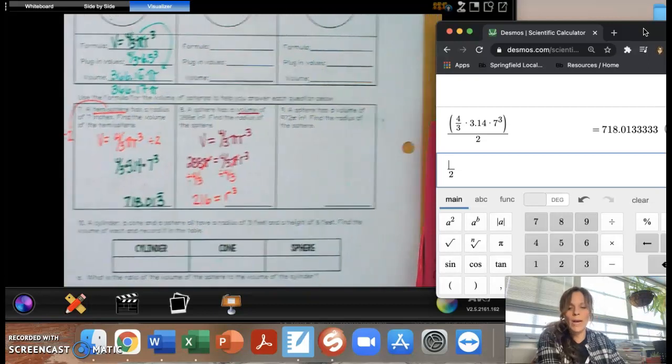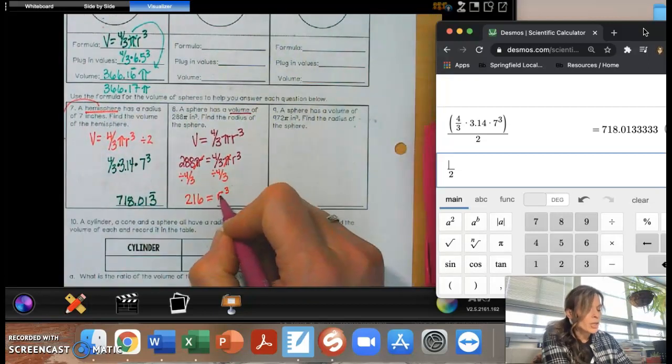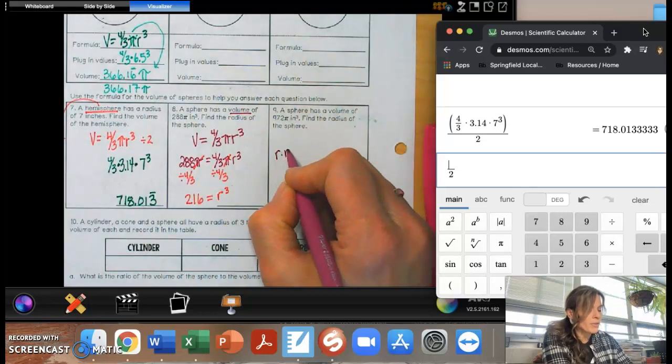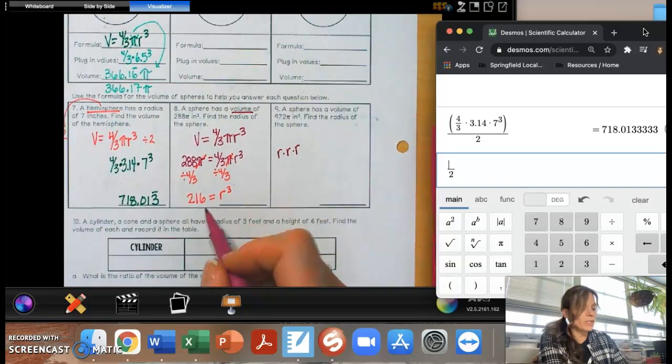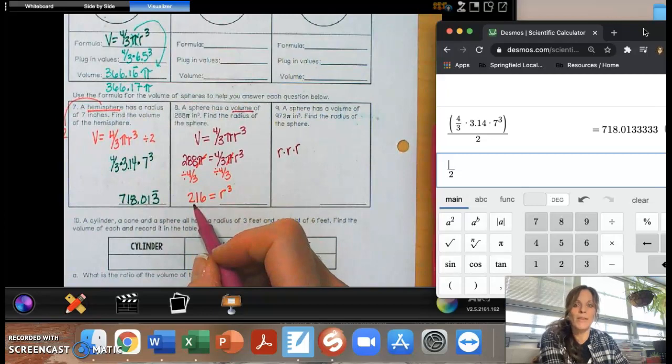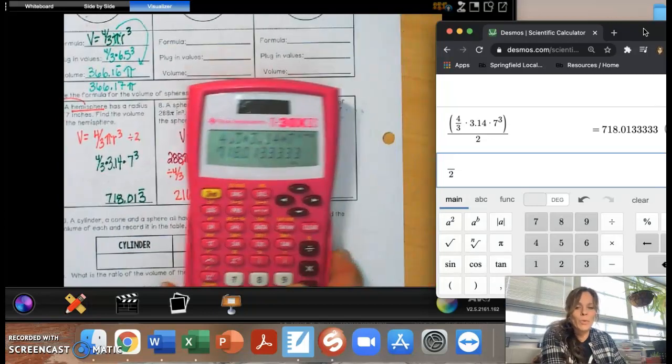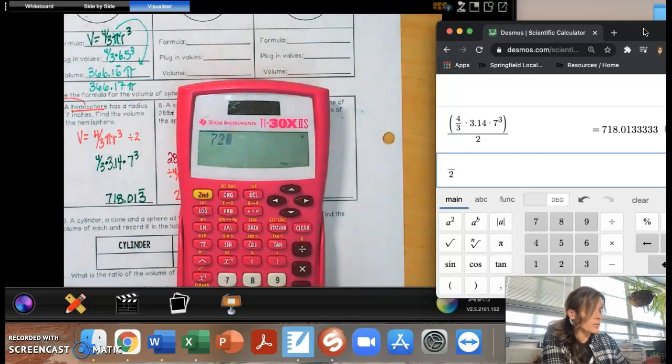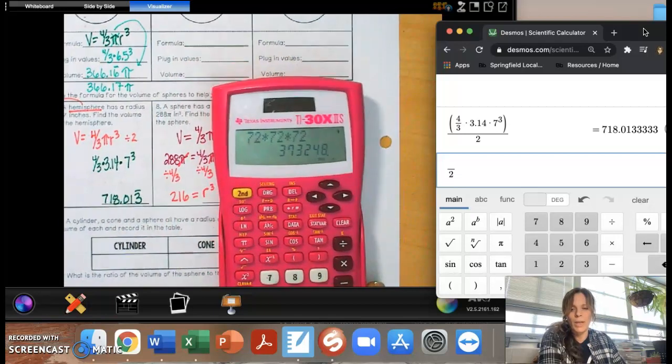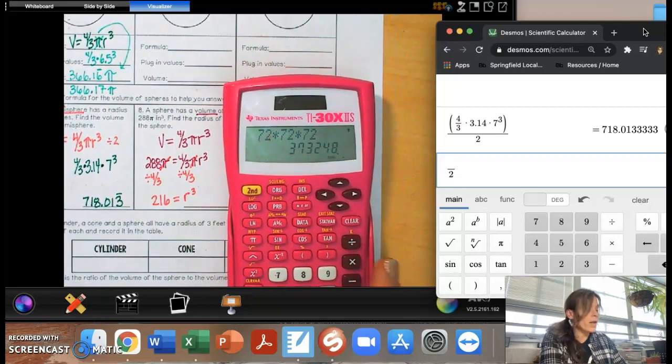Now, hopefully you guys remember cubed means a number times itself times itself. So I always ask students, what's the cube root of 216? And they tell me 72. They just divided it by 3. But that wouldn't work. If I plugged in 72 times 72 times 72, it does not equal the number that I want. I'm looking for what number times itself.